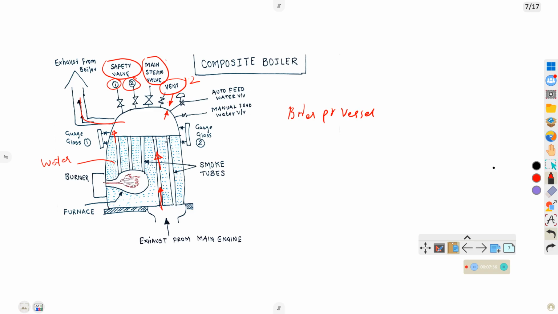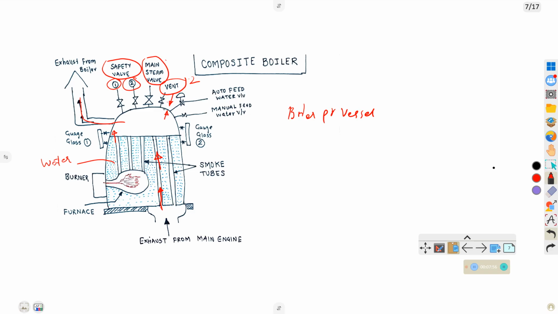Now, coming back to the vent, what happens if you do not open this vent and you carry out the maintenance?